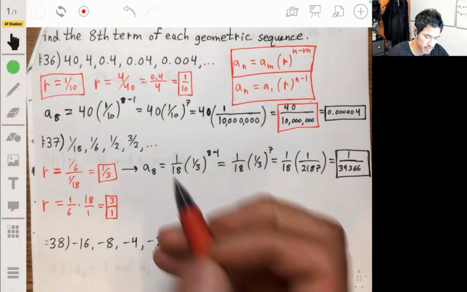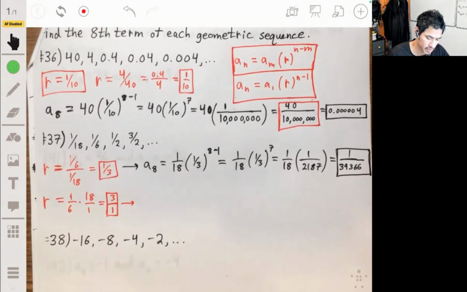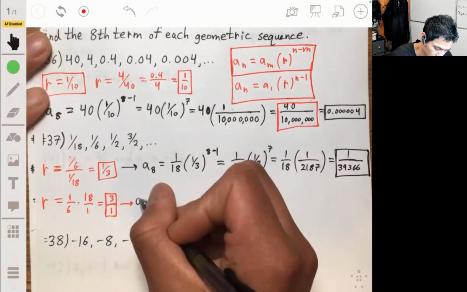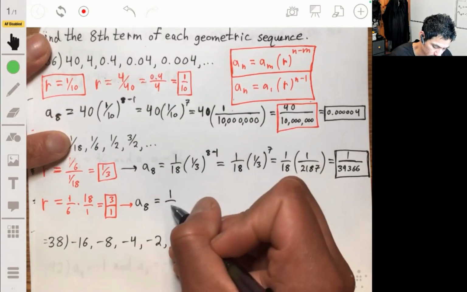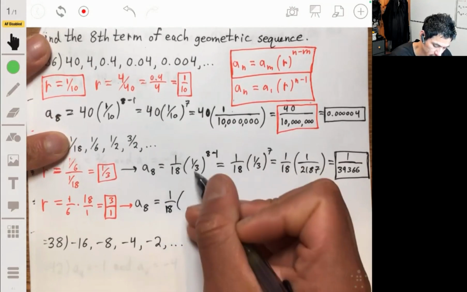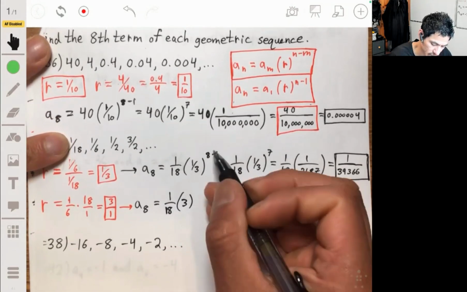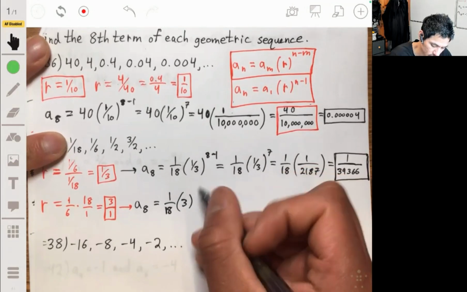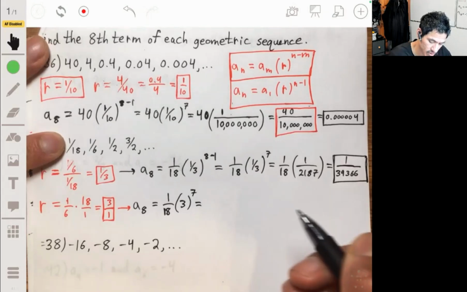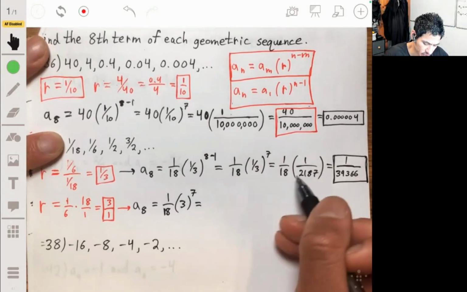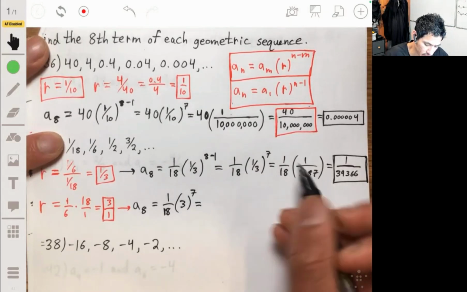So let's do a bonus problem. So this should be our common ratio. So let's go through it correctly. A8 will then be 1/18 still, but inside here will just be 3. 3 to the 8 minus 1, or 3 to the 7th, which will be, instead of the 2187 being on the bottom, it will be on top.